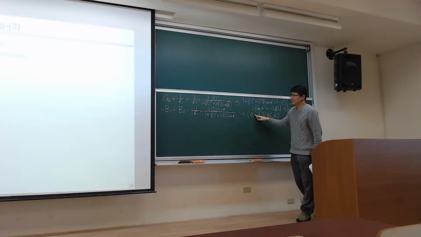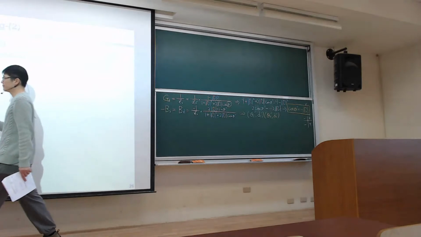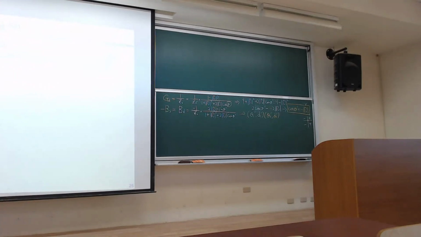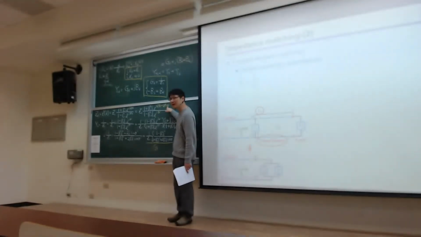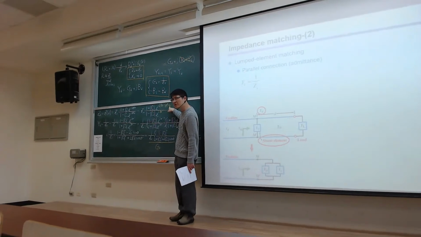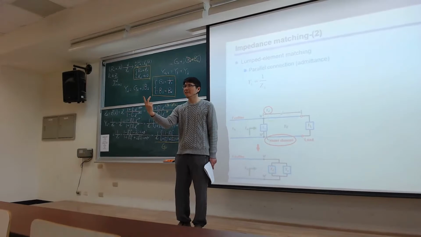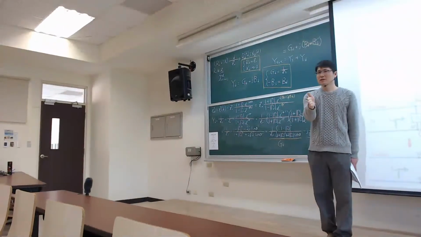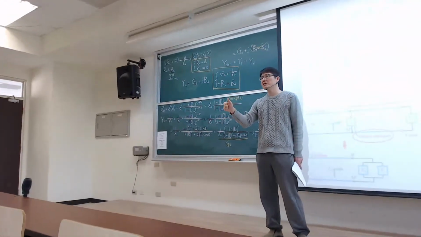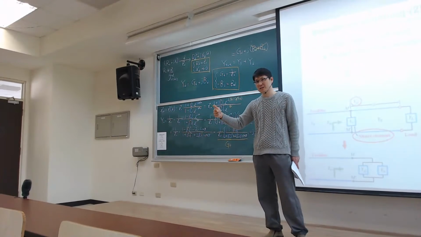For each theta prime, do you still remember how theta prime is defined? Theta prime is defined by the reflection coefficient angle minus 2 beta d. So for each theta prime derived, you have a corresponding magical distance. So theta prime comes in with a pair. Try to pair up with the right distance.